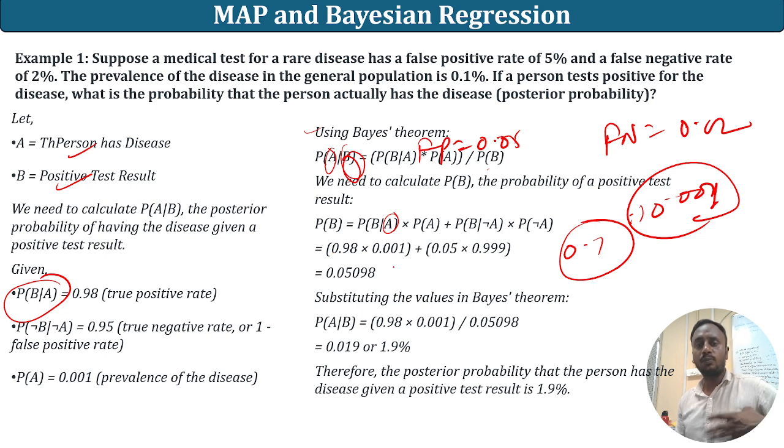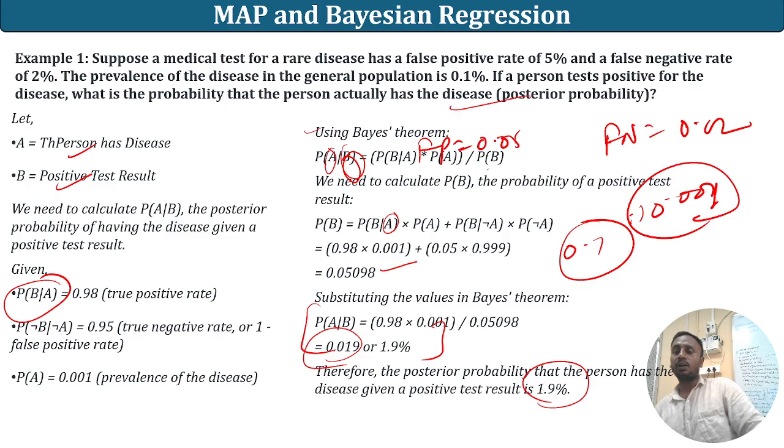So 0.98, 0.001, 0.05, and it will give this value. Now we can apply this to the Bayes theorem, and we'll get this value. That's how we get 1.9 percent as the probability that the person actually has the disease.